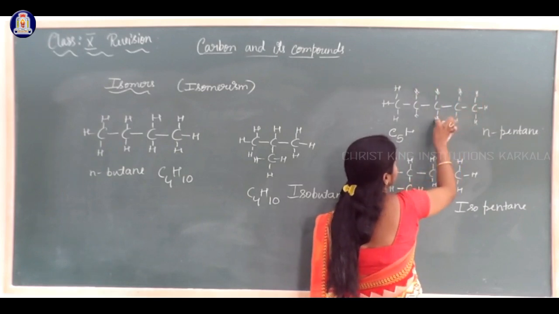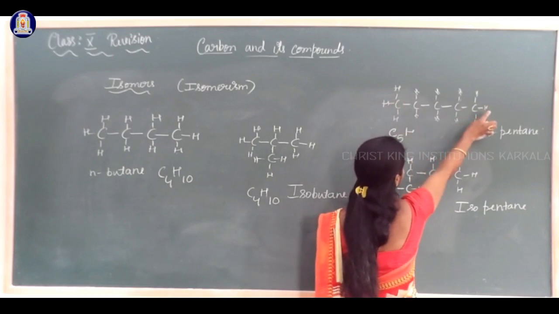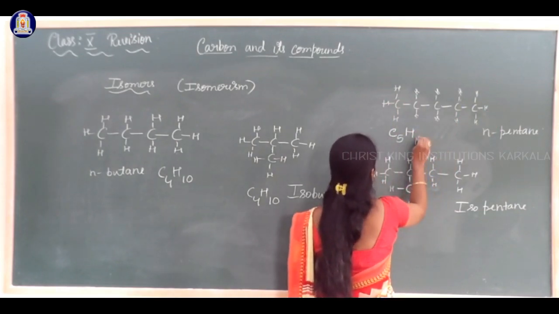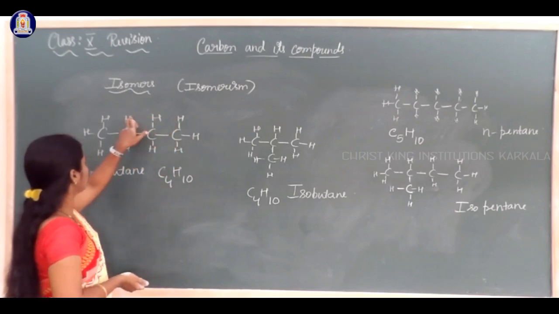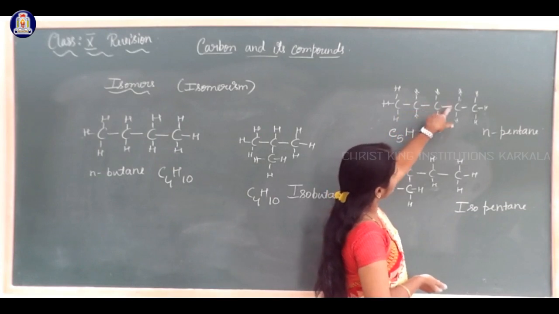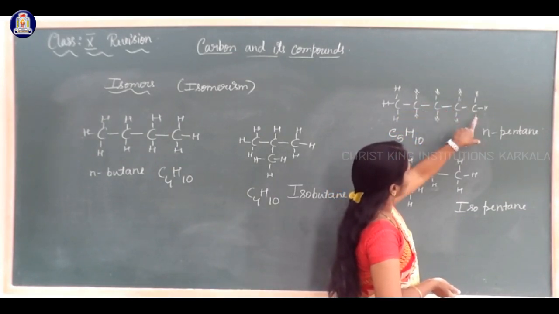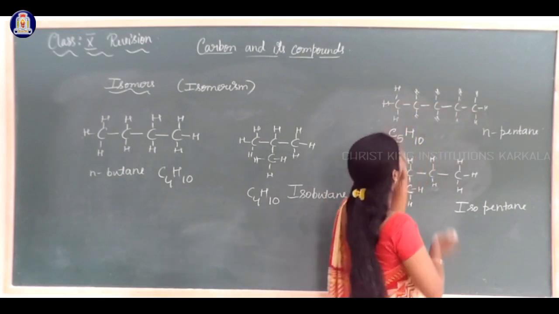Count the hydrogens: 1, 2, 3, 4, 5, 6, 7, 8, 9, 10. How many carbons? 1, 2, 3, 4, 5. Hydrogens 1 to 12.